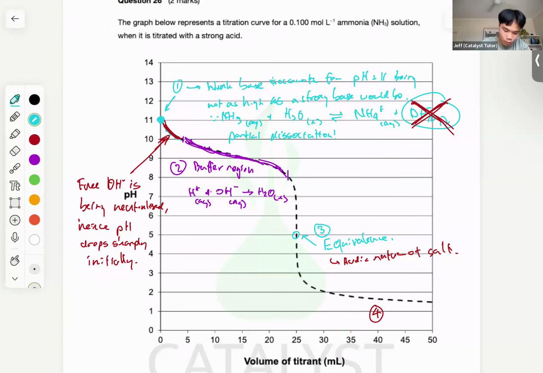It's being resisted because when you react off the OH minus, your NH3 is going to be shifted to the right to reform that hydroxide, reform ammonia, and be consumed.